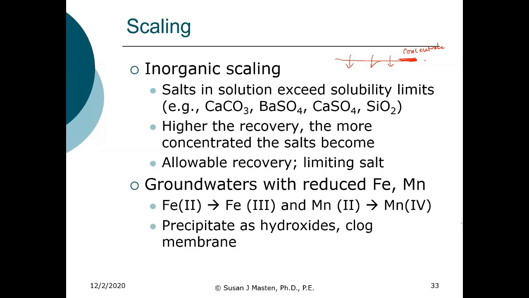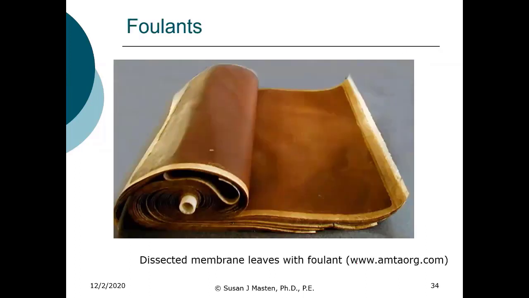So for instance, if you have reduced iron and that iron is being oxidized, then what you can end up with is a membrane that looks like this. So what's happened is that iron has oxidized from Fe2+ to Fe3+, precipitated out as Fe(OH)3.